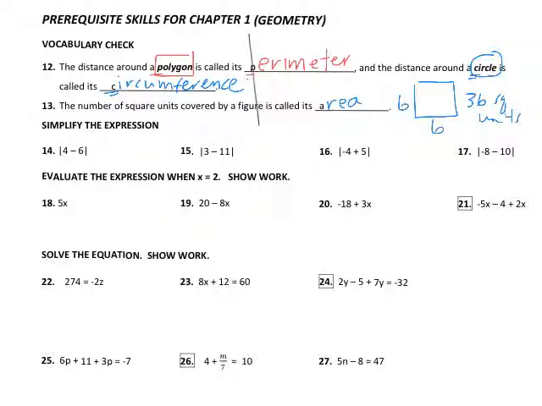All right, just a reminder about absolute value in numbers 14, 15, 16, and 17. Absolute value is a distance from 0 on the number line.